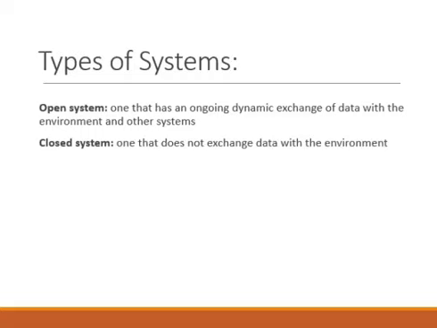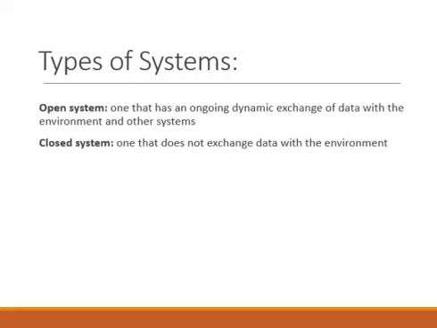This control is maintained through the semi-permeable nature of their boundaries. They set boundaries to have a little bit of control over what goes in and what goes out. A completely open system has no restrictions, but most even open systems have some type of buffer, if you will, of what can go and what can come.